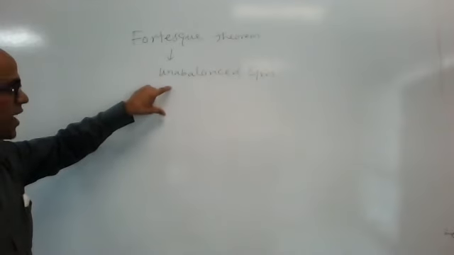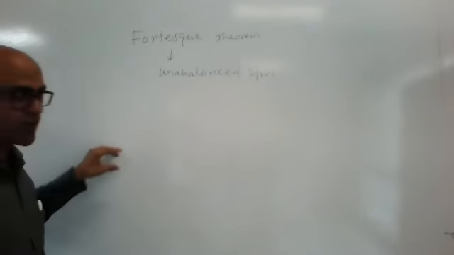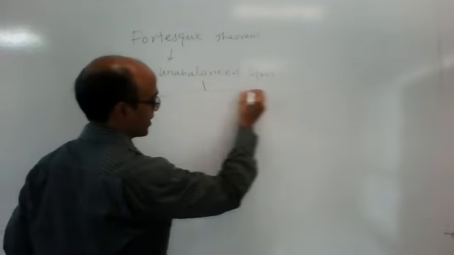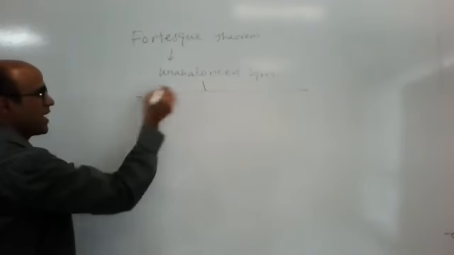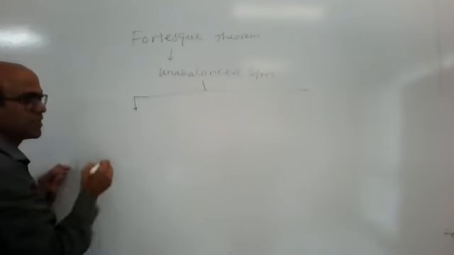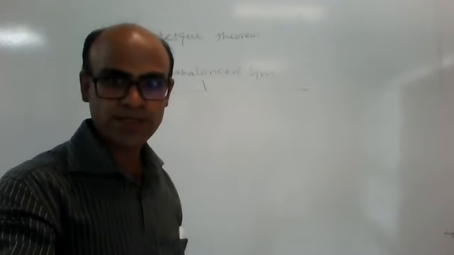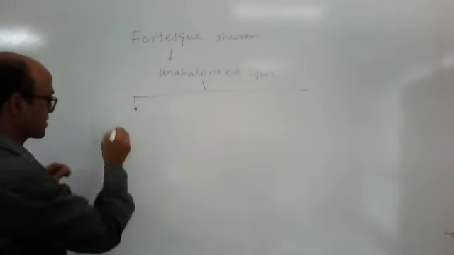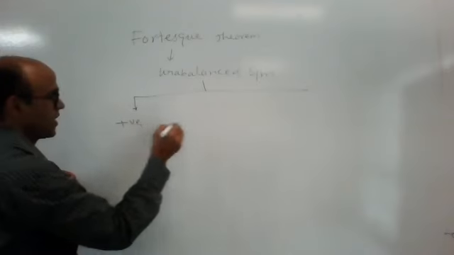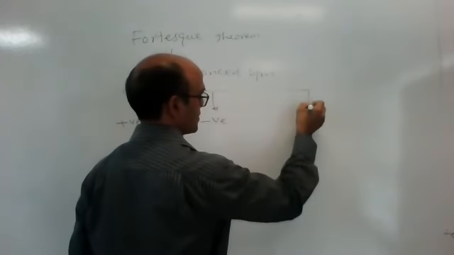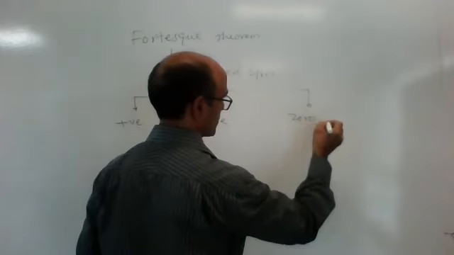This unbalanced system is broken up into three sets of balanced systems that are called positive sequence, negative sequence, and zero sequence.